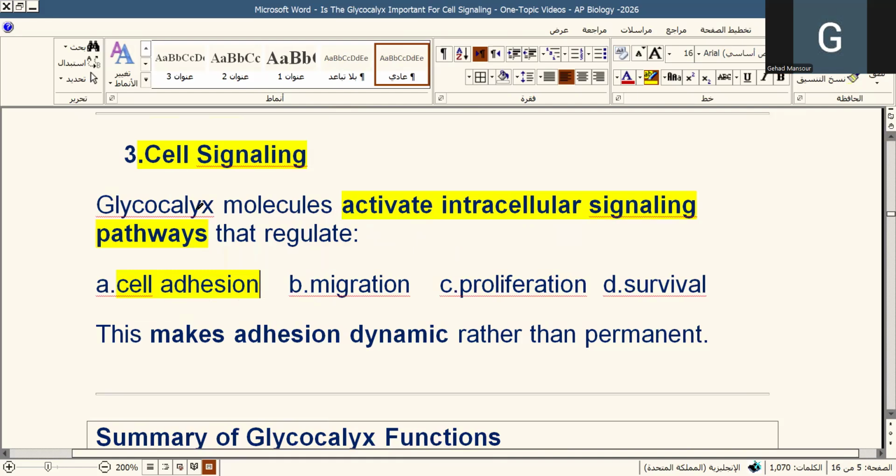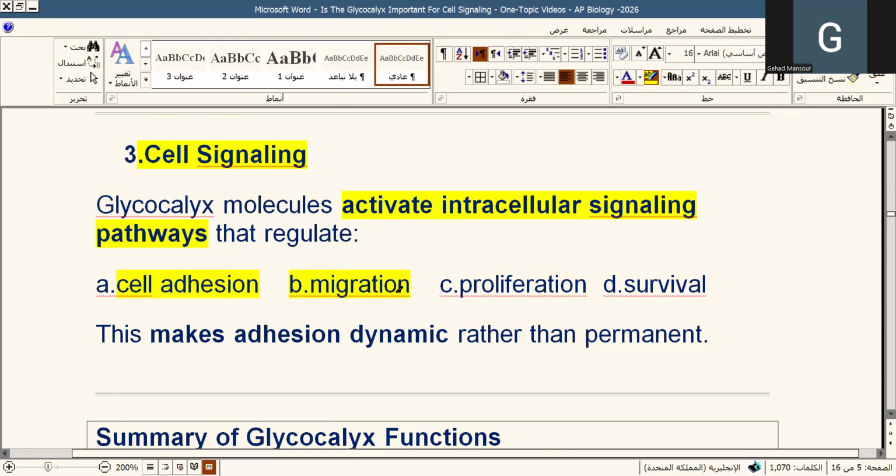So when the glycoproteins or the proteoglycans or the glycolipids are used for cell signaling, we mean that upon cell signaling, they will result in activation of certain intracellular biochemical pathways or signaling pathways that will end in a cellular response, and that cellular response might be cell adhesion, producing certain substances that help adhesion, or even cell migration.